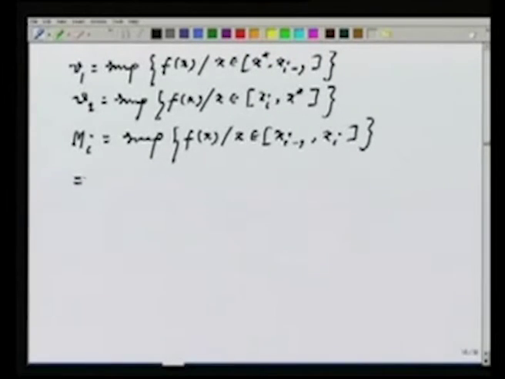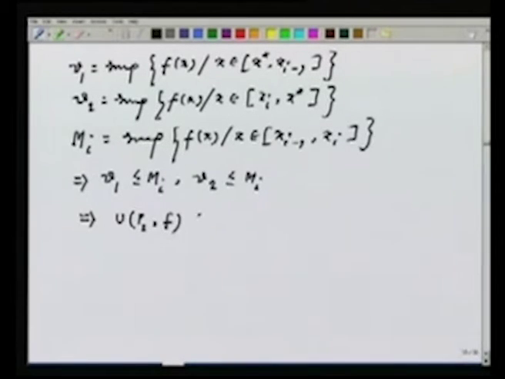This implies that V1 is less than or equal to Mi and V2 is also less than or equal to Mi. This then would imply, just exactly as in the previous case, that UP2F is less than or equal to UP1F.